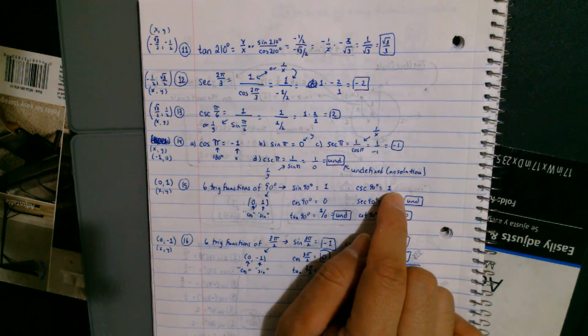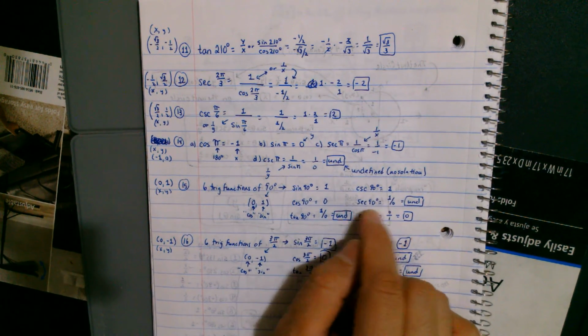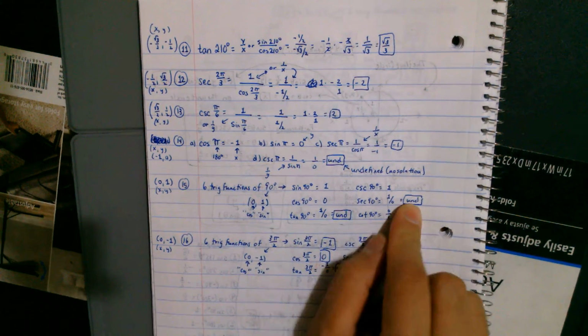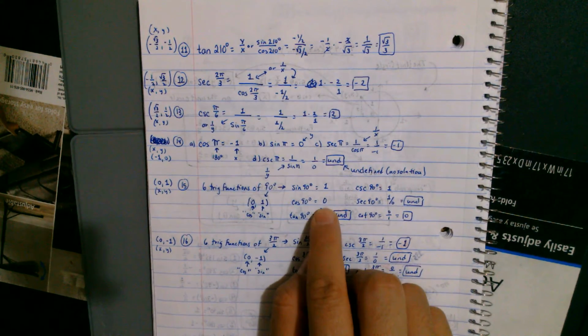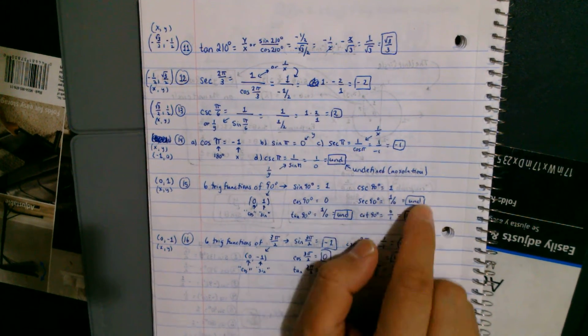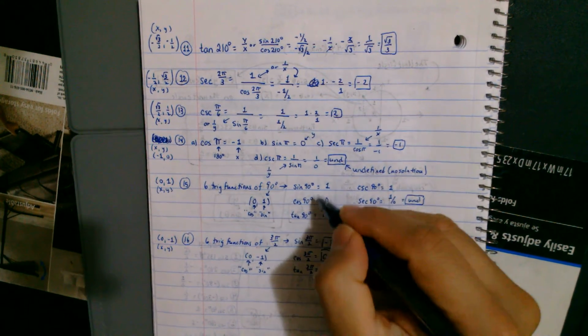Cosecant is the reciprocal of sine, so 1 is the reciprocal of 1. Secant is the reciprocal of cosine. The reciprocal of 0 over 1 is 1 over 0, which is undefined. Tangent of 90 is undefined. Cotangent is the reciprocal of 1 over 0, which is 0 over 1. So you have undefined values as well. And really, I should have boxed them all in here.